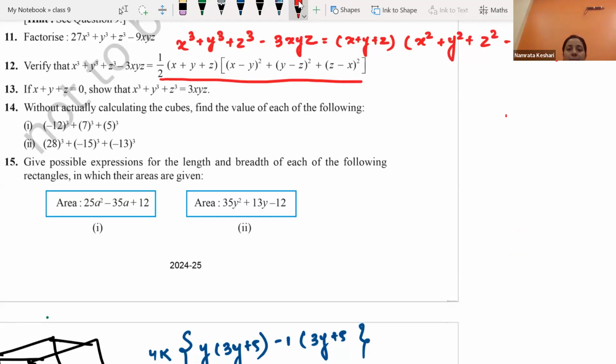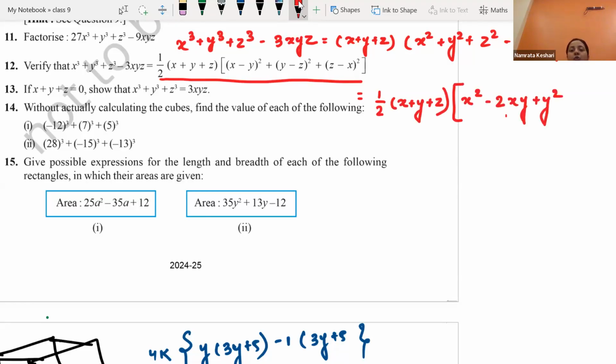Okay, so we will simplify this rectangular bracket part. I am writing 1 by 2 as it is. x plus y plus z I am writing as it is. Just this rectangular bracket we are trying to solve. How? Expand it. (x minus y) whole square you are having, so you'll be having x square minus 2xy plus y square.